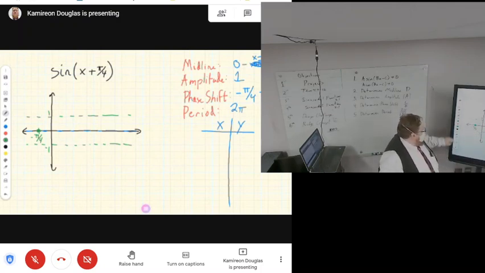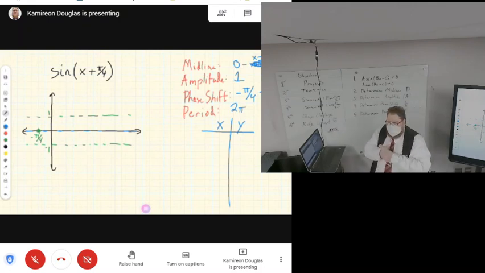Now, this is a technique I like to do if I have to make a really accurate graph. I think it works great. What I'm going to do is I'm going to take my period and break it apart in the same way the phase shift is broken apart. Right now, our period is 2 pi, right? But my phase shift is pi over 4.